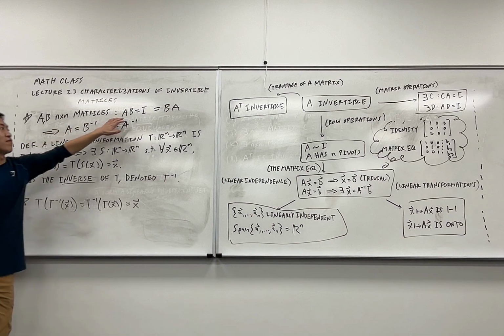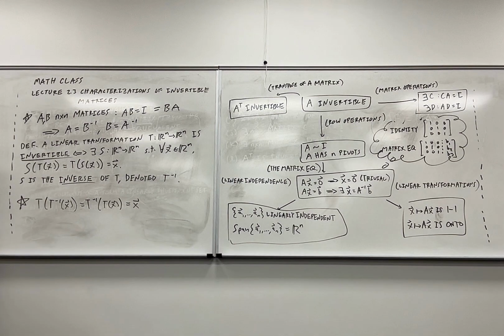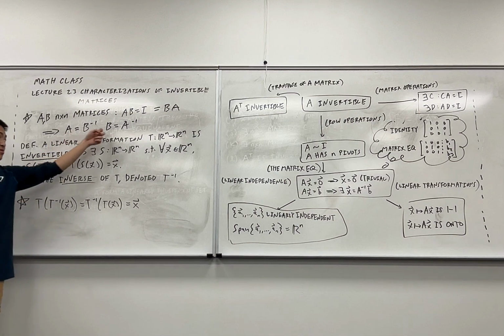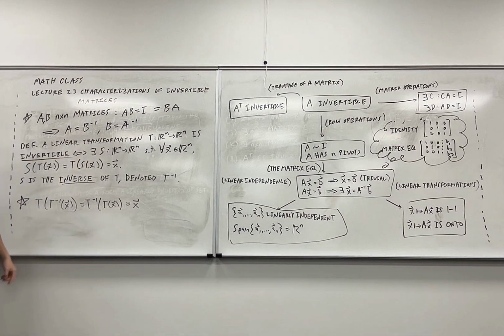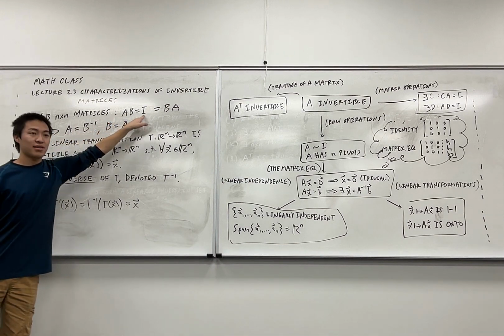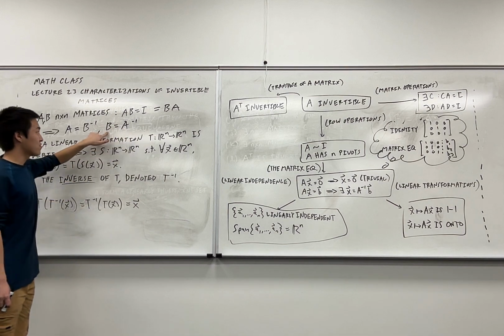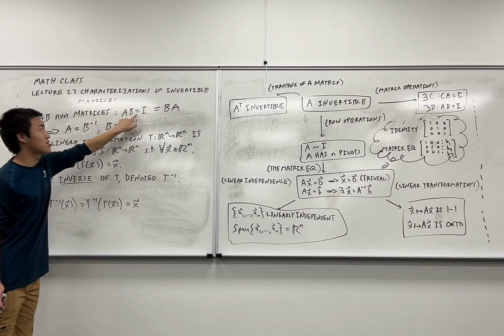That's basically the force of this little theorem. And the argument for that can be made through these. All I would have to do is substitute B inverse in here for A, and now I have B inverse B equals I. And if I chose to substitute A inverse in for B, now I have A times A inverse, which is definitionally I.